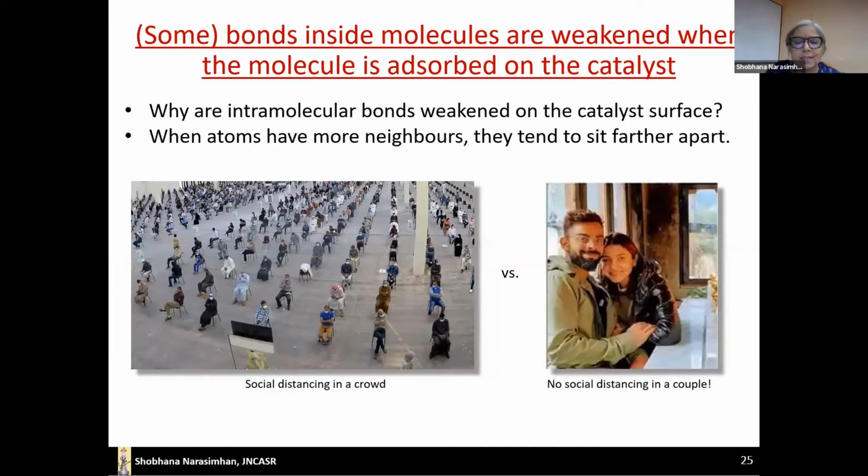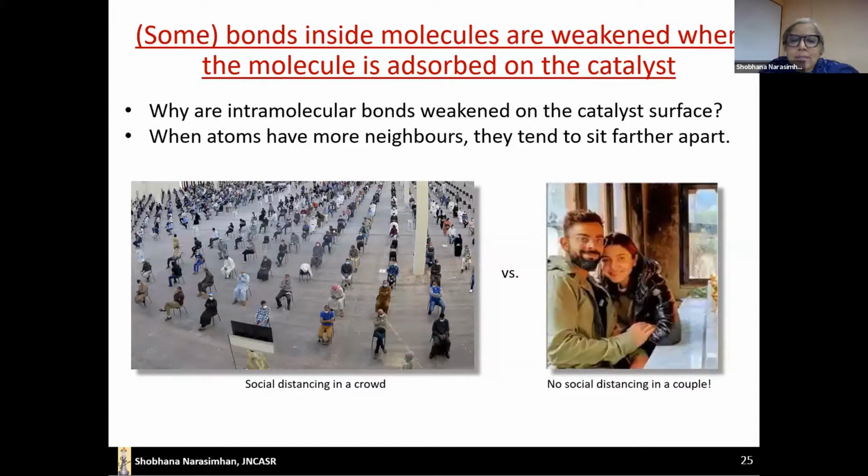Or another analogy I can tell you is if you just have one best friend, then maybe your bonds are really, really tight and it is very hard to destroy your friendship. But if you have a lot of friends, then maybe your friendships are not so close and it would be much easier to disrupt those friendships. So it is the same way for atoms. When they sit on the catalyst, because they have more neighbors now, it is much easier to break those bonds.